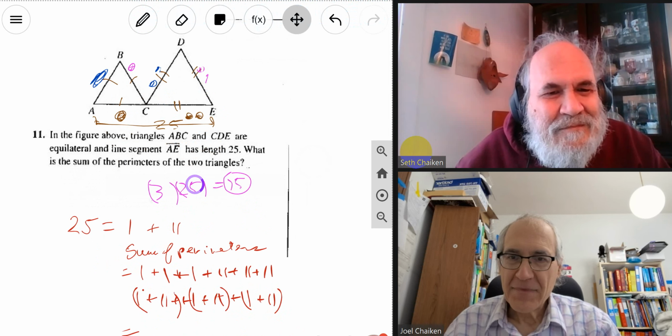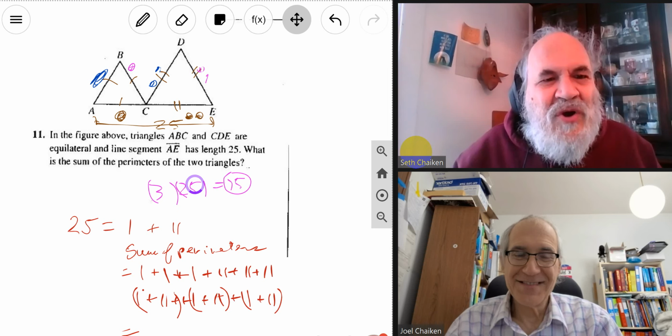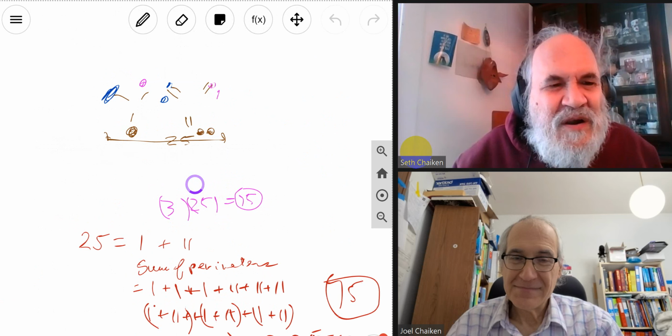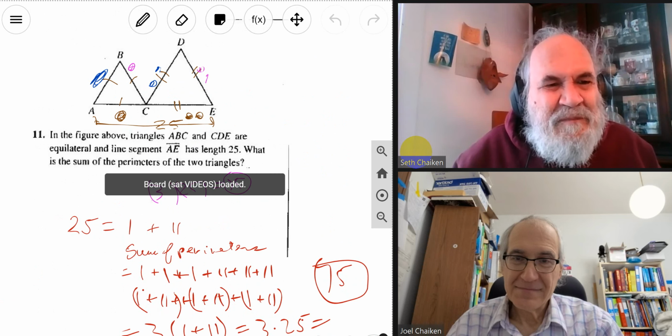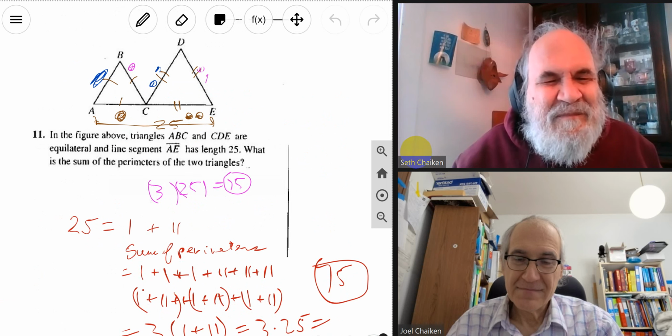So, anyway, I don't know. This seems more of a pattern question, doesn't it? Well, that's all pattern questions. The way I saw it was that Joel was very helpful in putting in the tick marks. And I saw that what they're asking for, the sum of the perimeters, is 3 single ticks plus 3 double ticks.